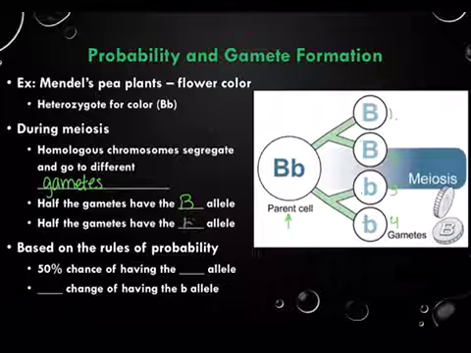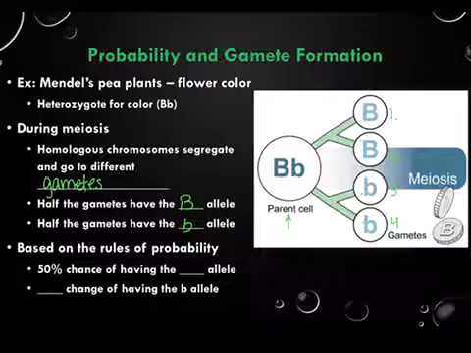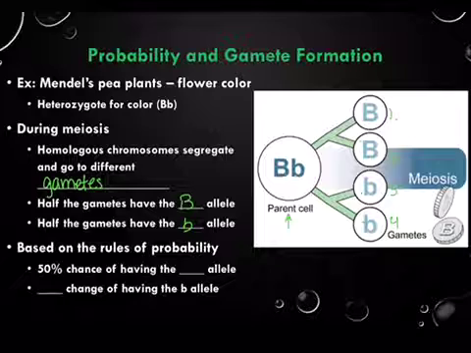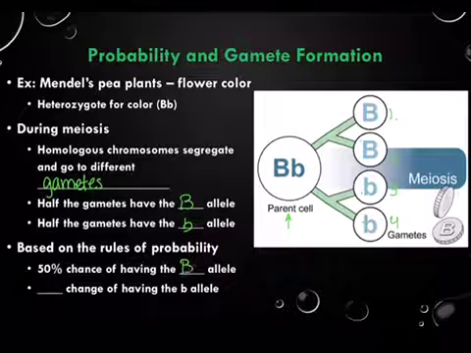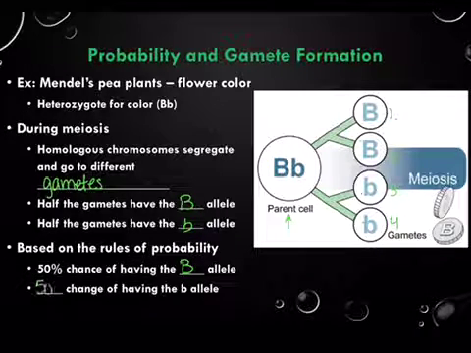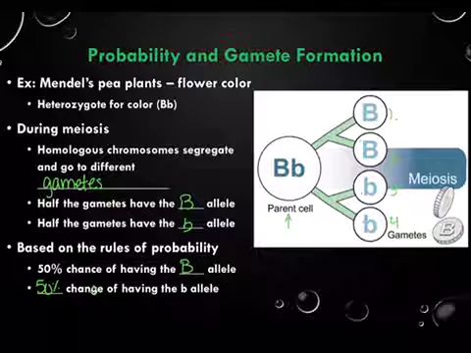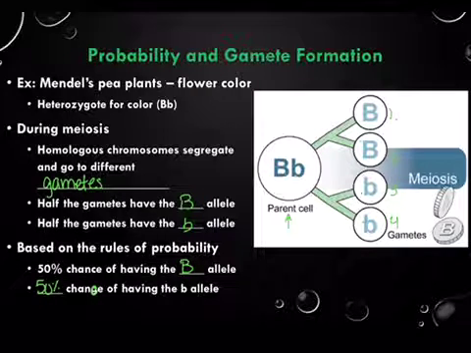So half end up with the dominant allele and half with the recessive allele. This follows the probability rules, giving a 50% chance of having big B and a 50% chance of having the little b allele.